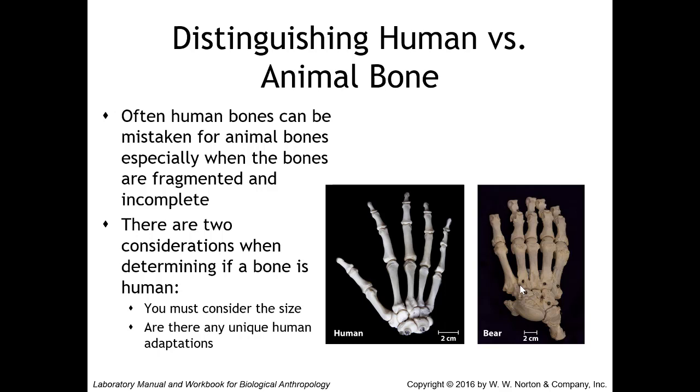Often, human bones can be mistaken for animal bones, especially when the bones are fragmented and incomplete. So there are 2 considerations when determining if a bone is human. First is to consider the size. Is this bone or fragment appropriately sized for a human? An example is that cows are very large. They have large, robust bones.